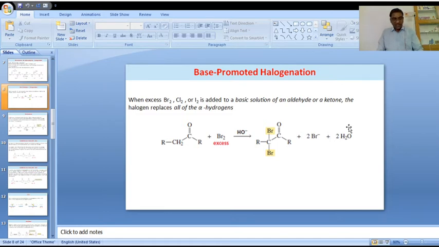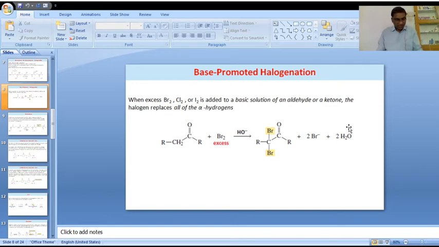In this acid catalyzed halogenation process, generally the alpha hydrogen of the carbonyl compound is replaced by any one halogen. Only one halogen replaces that particular alpha place hydrogen.